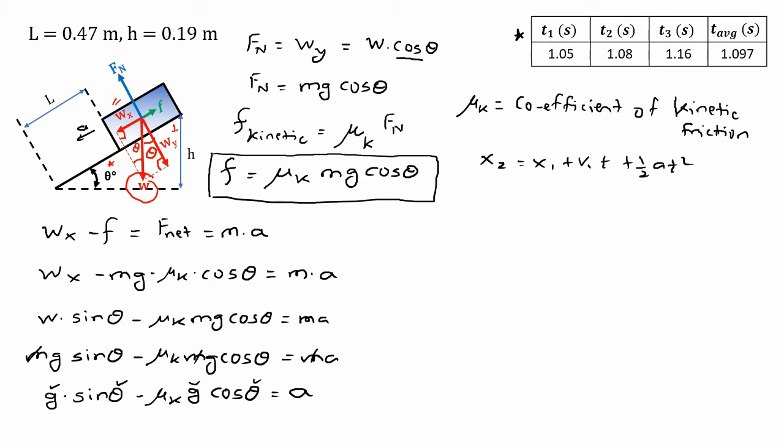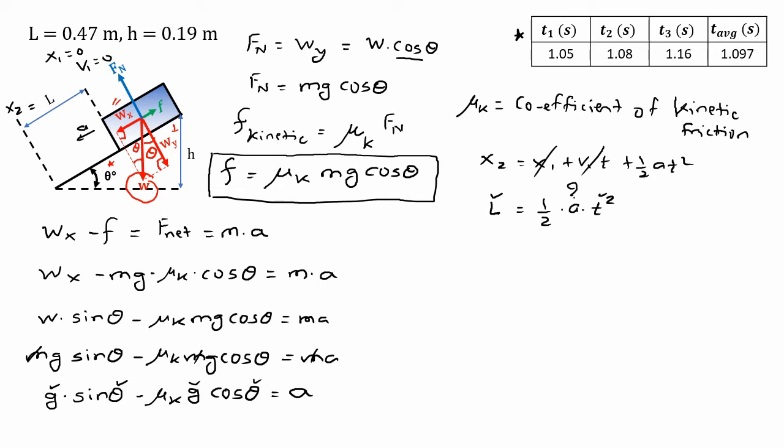We know the block starts from rest, so velocity 1 is 0, and we can also say that x1 is 0, and x2 would be nothing but the length of the ramp. So these items cancel out, and we're left with x2 equals half a t squared. So length of the ramp equals 1/2 times a times t squared. T would be the t average. Again, length we know, and t we know, so we can calculate acceleration. Once you get the acceleration, you can plug it in here and then reorganize these terms to calculate mu k.